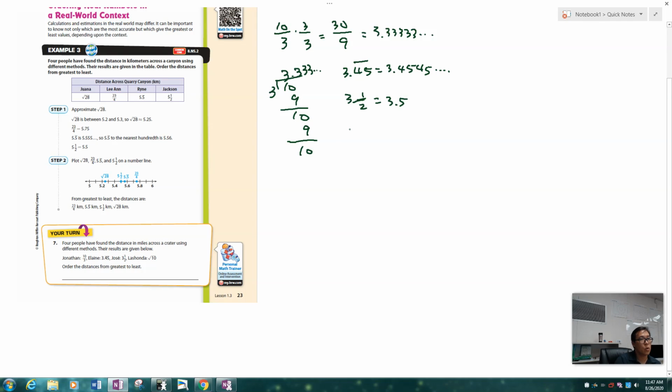The last one, the square root of 10, is approximately equal to 3.1, remembering that the square root of 9 is 3. So out of these four numbers, the square root of 10 is the smallest, the second smallest is 10 over 3, the next one is 3.45 repeating, and the next one is 3.5.